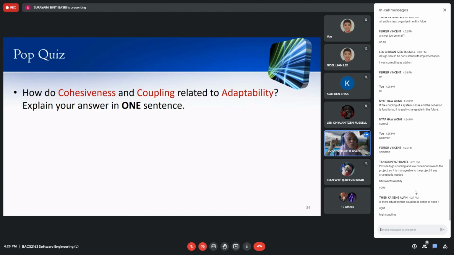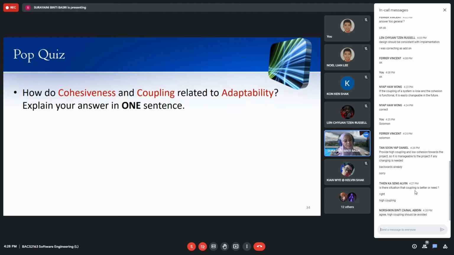So who thinks that high coupling is needed? High coupling is where each of the modules is very dependent on each other, so it is not encouraged.